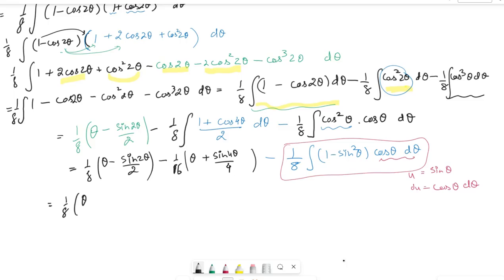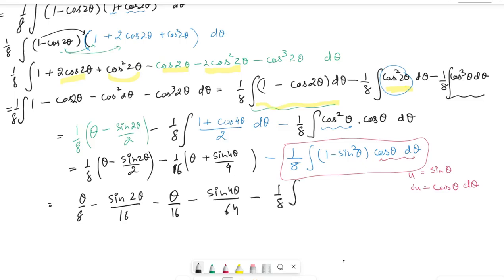1 by 8 theta minus sine 2 theta by 2 minus, we can open this up actually, theta by 8 minus sine 2 theta by 16 minus theta by 16 minus sine 4 theta by 16 times 4 is 64, minus 1 by 8. This thing here can become 1 minus u square, and the remaining thing is du.